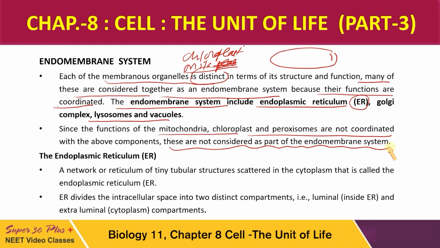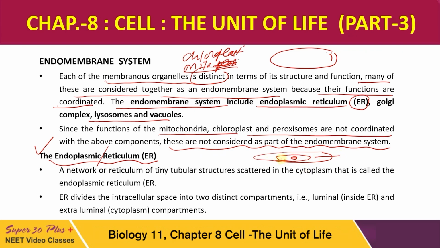The first component of the endomembrane system we have here is endoplasmic reticulum, made up of two words, endoplasm and reticulum. Endoplasm means what? If this is a cell, this is the nucleus. Roughly we can divide the cytoplasm into two parts, the outer layer and the inner part.